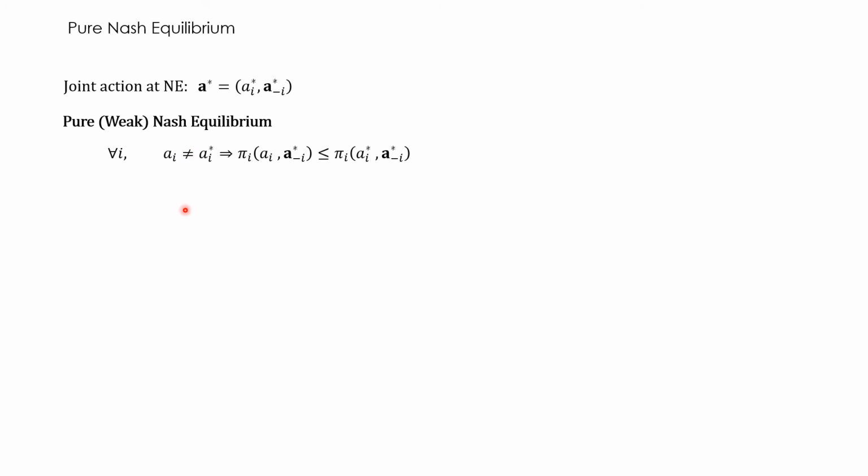So at pure Nash equilibrium, for every action a sub i that's not the Nash equilibrium action, the payoff pi i with action a sub i will always be less than or equal to that payoff with the Nash equilibrium action a star sub i. Replacing this less than or equal to with a strictly less than, we can get the definition of a pure strict Nash equilibrium.